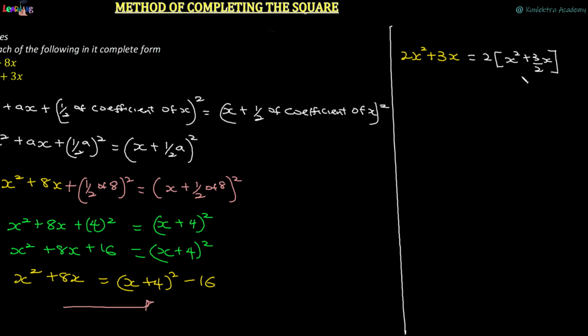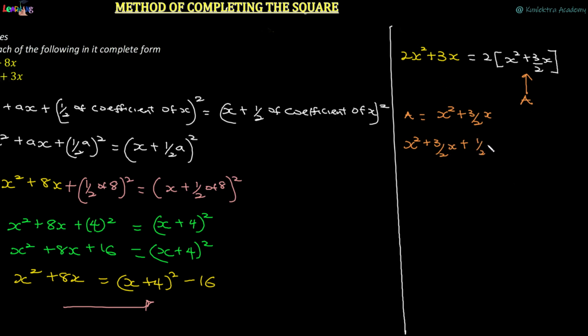Let's represent this function with a variable. Call it variable a. Now, you have a equal to x squared plus 3 over 2 x. Now, what do we need to complete this? You have your x squared plus 3 over 2 x. To complete it, you add half of the coefficient of x.